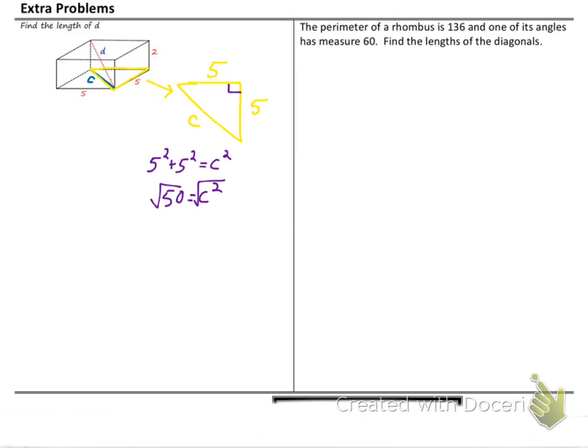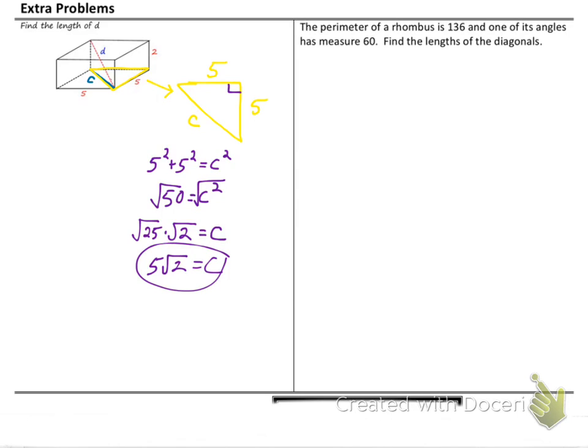I said the answer is 25. So 25 goes into it, so we can break that apart into square root of 25 times the square root of 2 equals c, which is just going to be 5 square root of 2. So we know that this c right here equals 5 square root of 2.